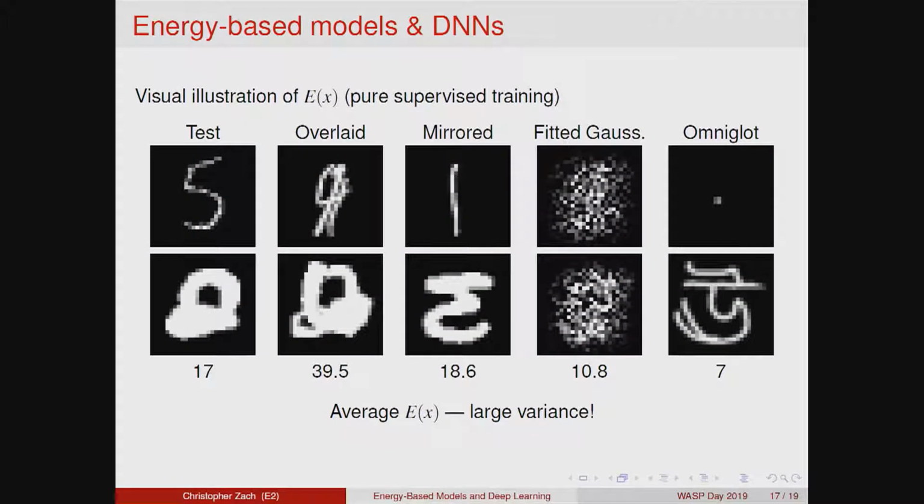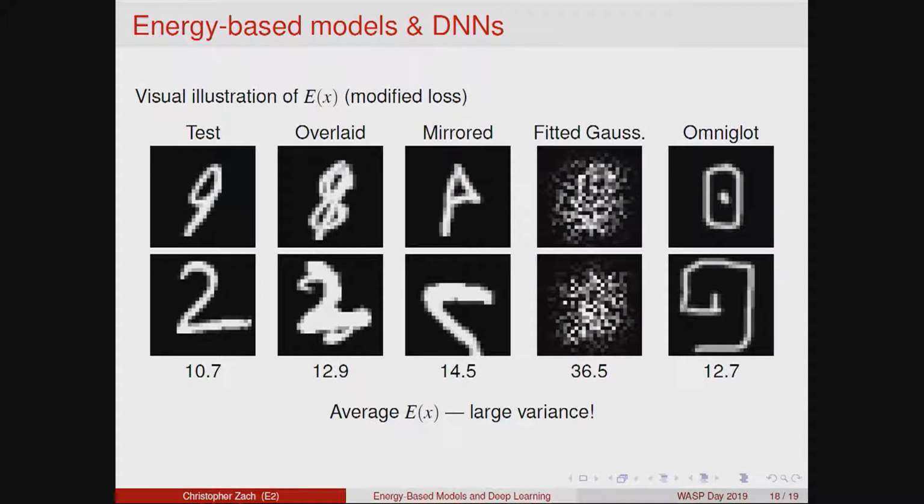You can apply this on some, let's say, toy data, MNIST, where the problem is to classify digits that are given as black and white images. If you run these things on test data, the average energy is the lowest. If you run it on data that you corrupt, for example by adding digits or flipping the digits, so doing a left-right mirroring, then the energy goes up.